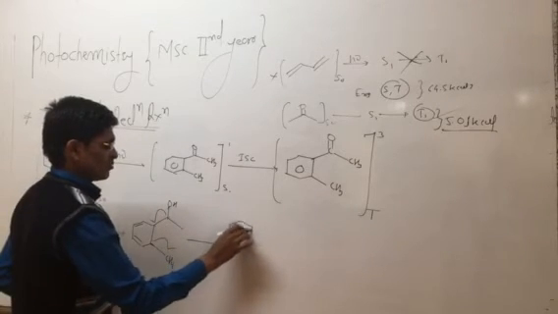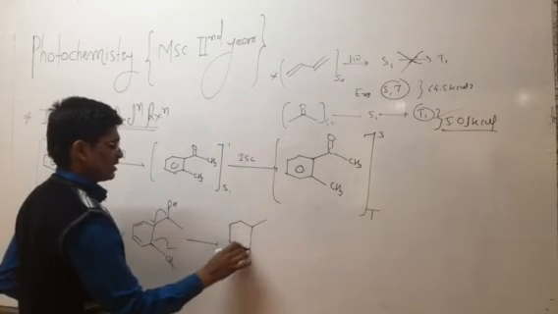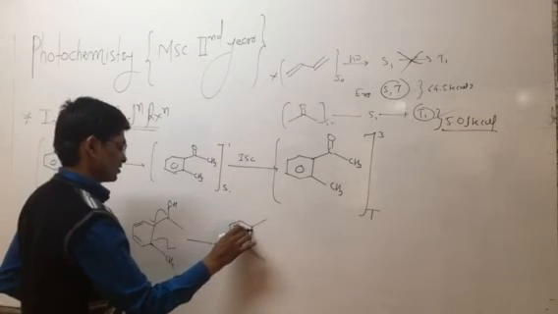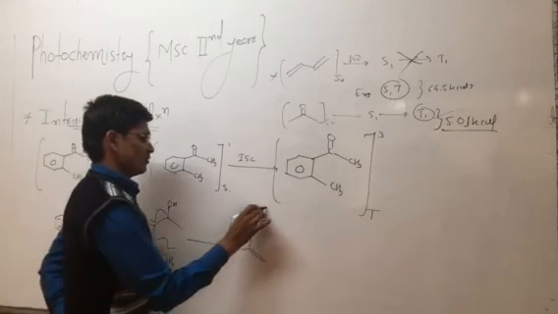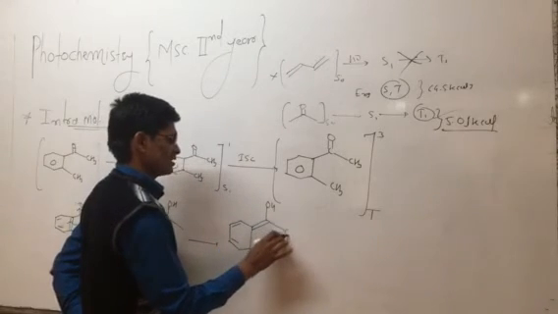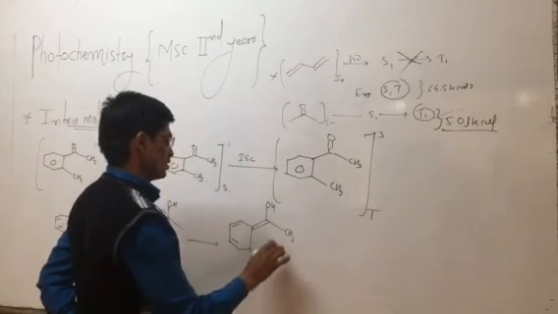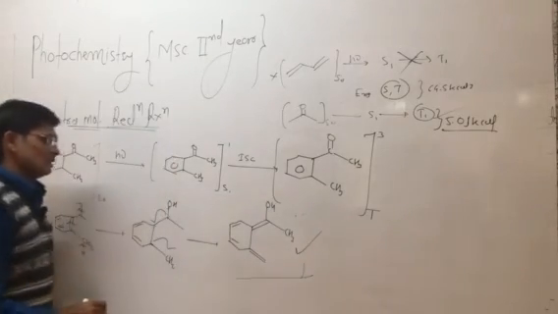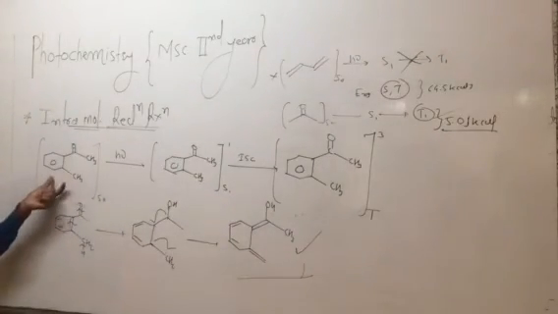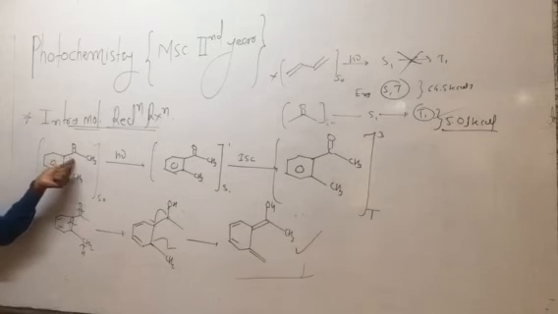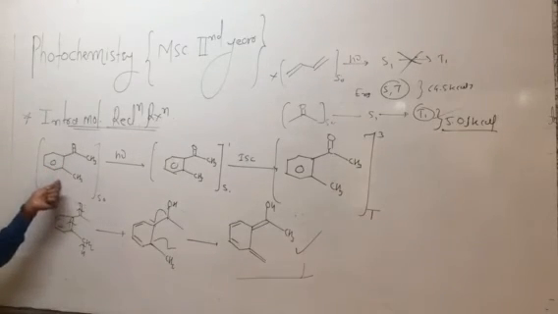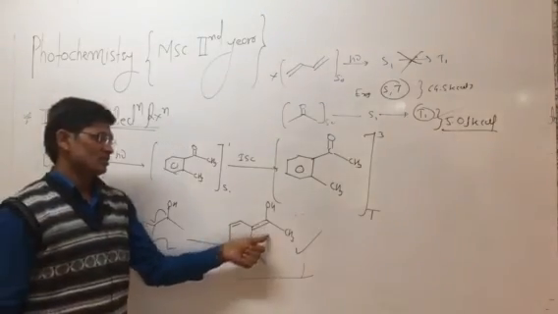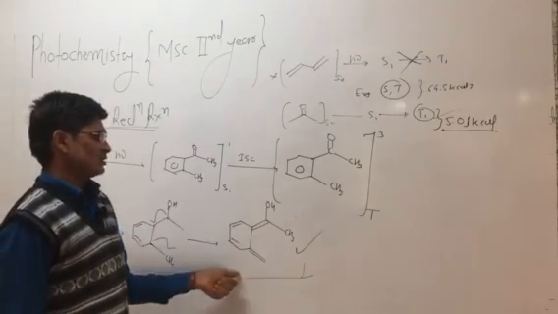So reduction takes place, and this is the photoreduction. This pi bond remains, the OH is here, and the CH3 is as it is. So the final product is the reduction of the aromatic carbonyl compound, 2-methyl acetophenone, which is converted into this alpha beta unsaturated hydroxy compound.